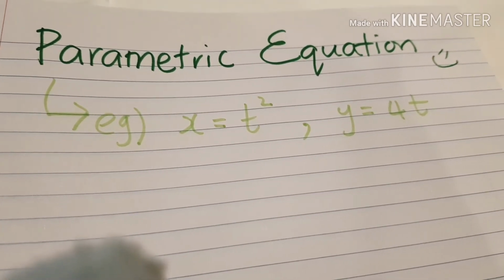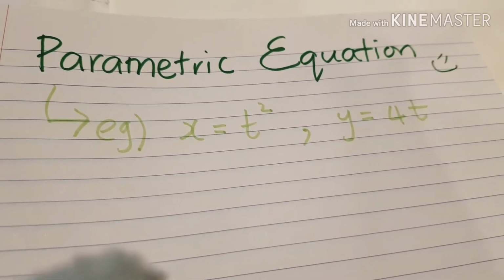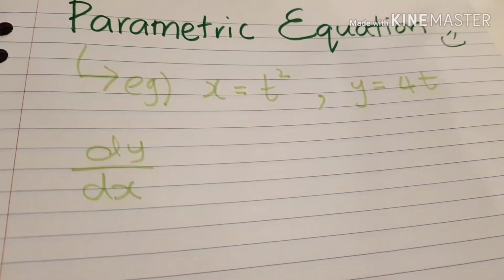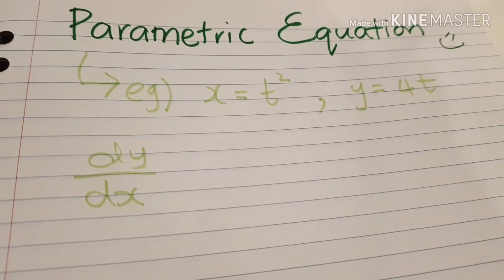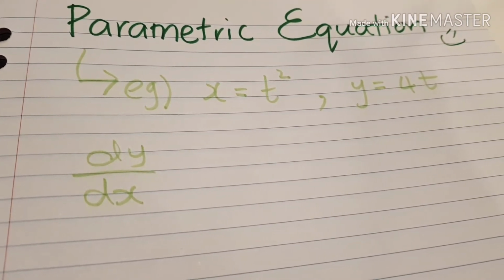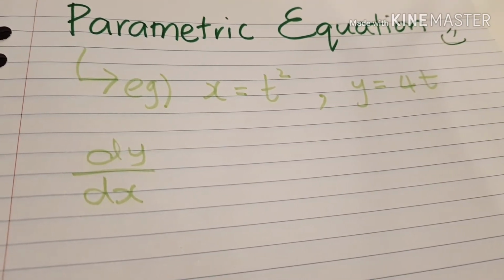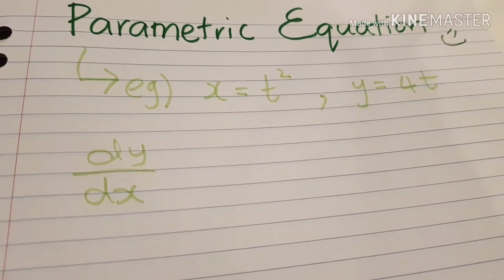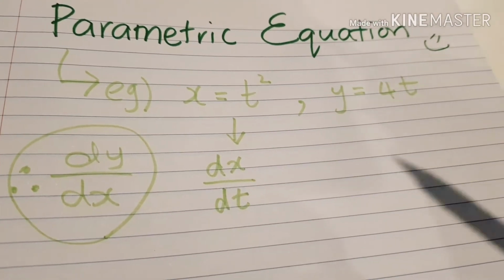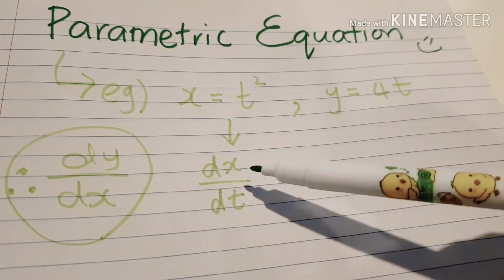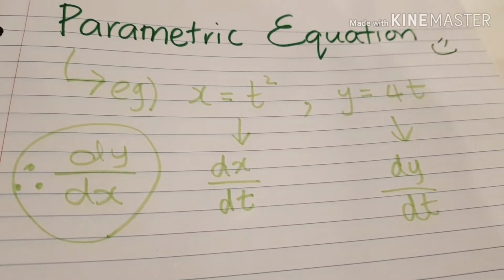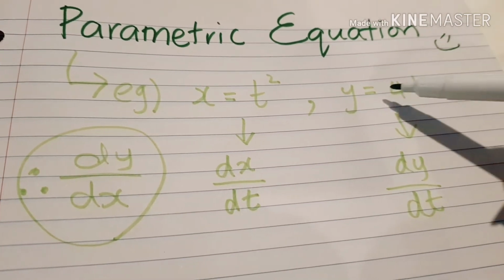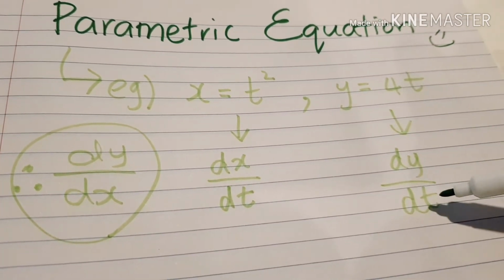Our main goal here is to find dy over dx. But in order to do so, we need to differentiate the x and y functions separately. For x, I'm differentiating x in terms of t, and for the y function, I'm differentiating y in terms of t.